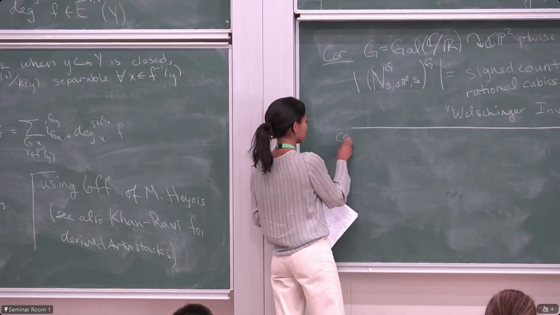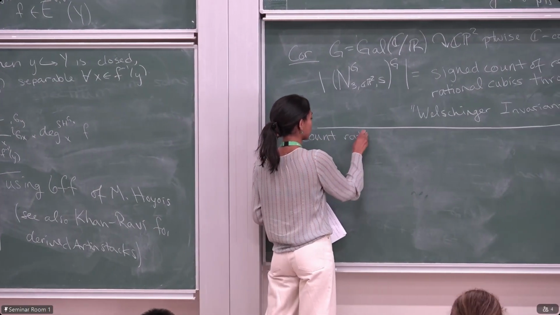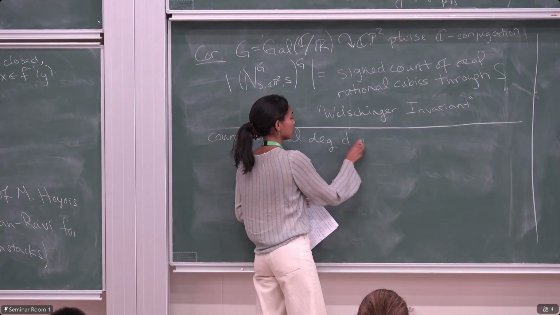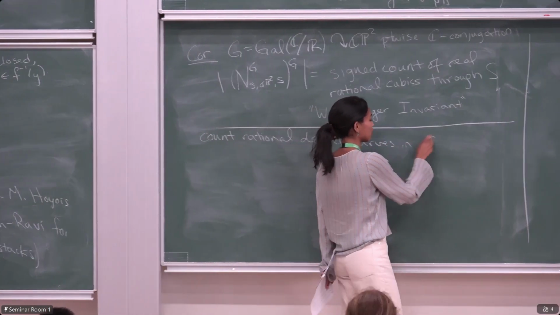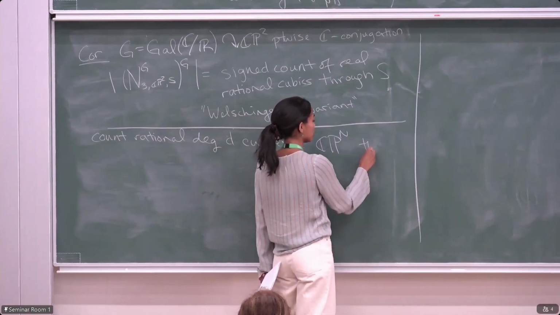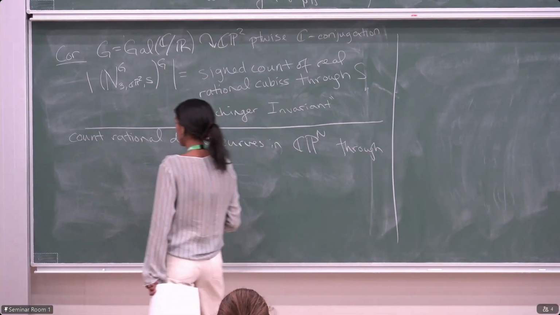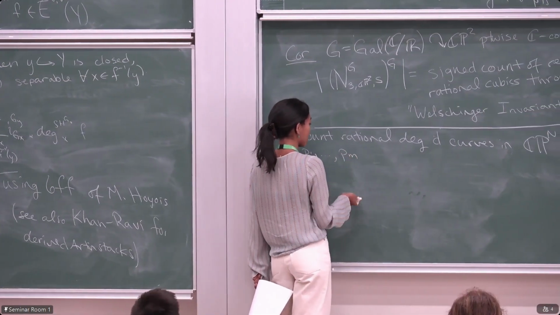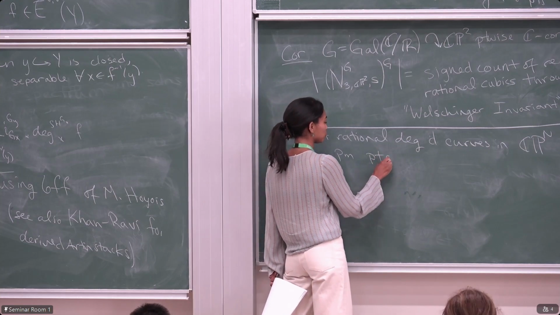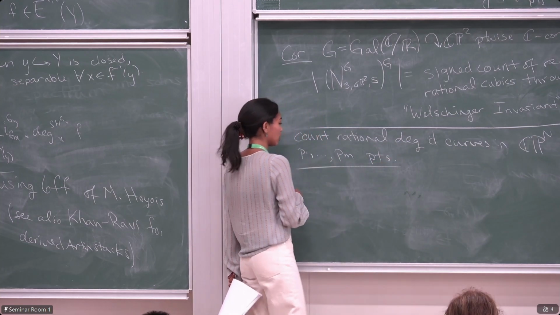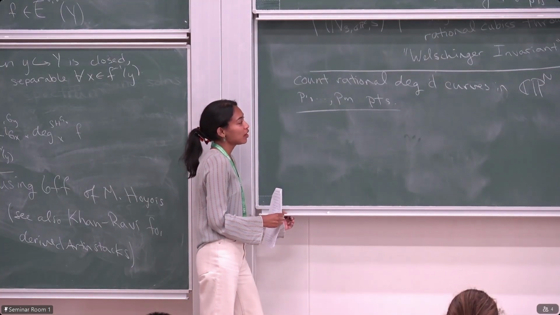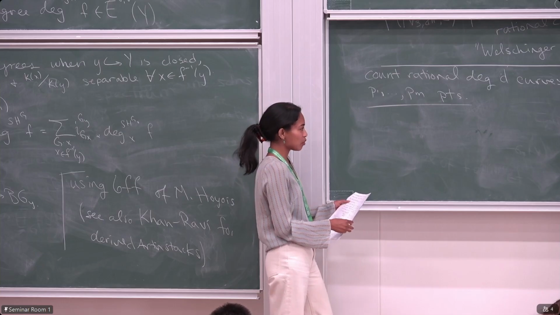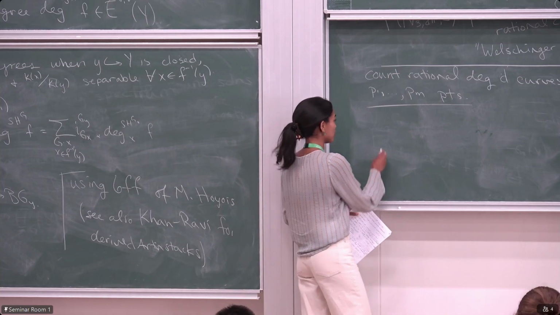So let's count rational curves of degree D in Pn through m points, p1 through pm. Non-equivariantly, the way to accomplish this is using Gromov-Witten invariants by defining the moduli stack of stable maps.